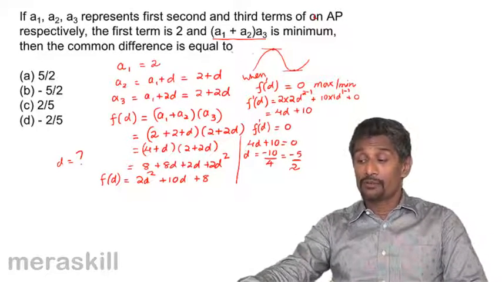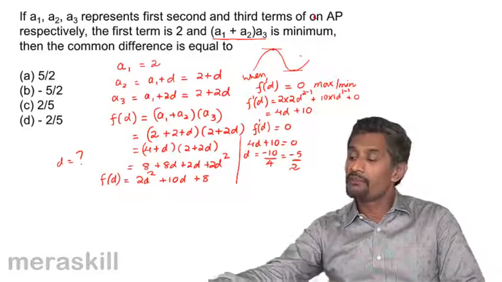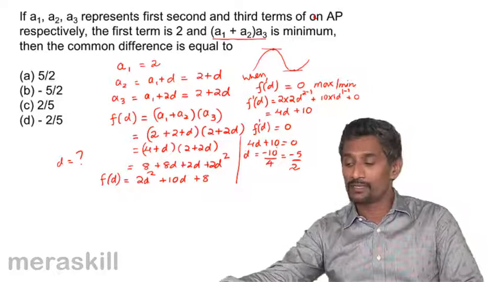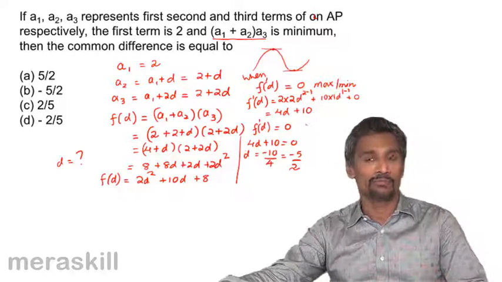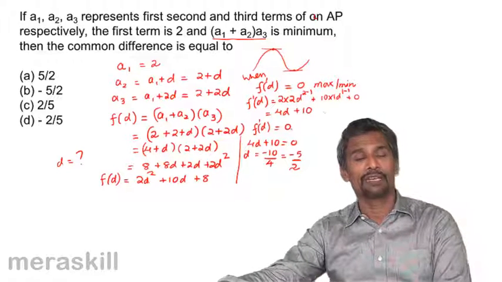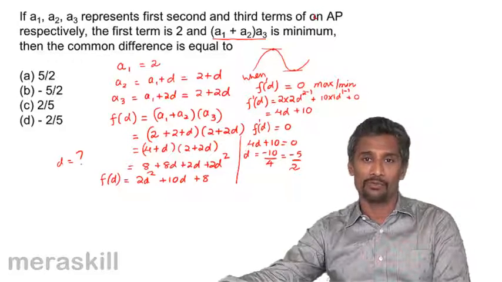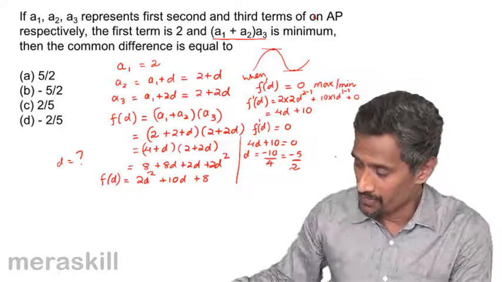If they had told us to find out whether it is maximum or minimum, then we would have to go one step further and find the second derivative also, and then decide whether it is negative or not. But here it is told that it is minimum. So whether it's maximum or minimum, the condition involved is that whenever a particular function attains a minimum or maximum value, then the first derivative of that function is 0.